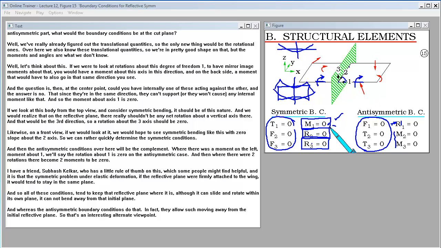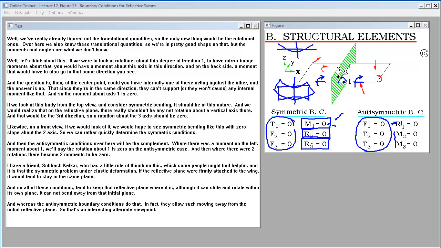And so all of these conditions tend to keep that reflective plane where it is. Although it can slide and rotate within its own plane, it cannot bend away from that initial plane. Whereas the anti-symmetric boundary conditions, in fact, allow such moving away from the initial reflective plane. So that's an interesting alternate viewpoint.